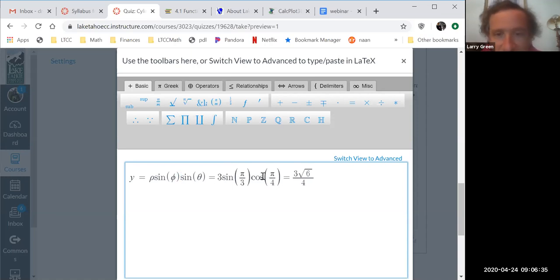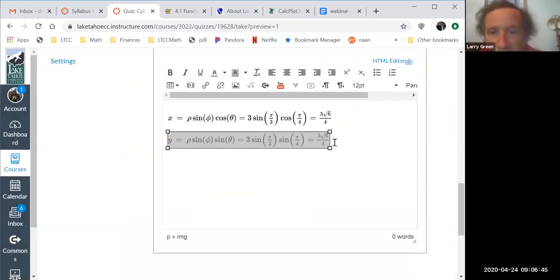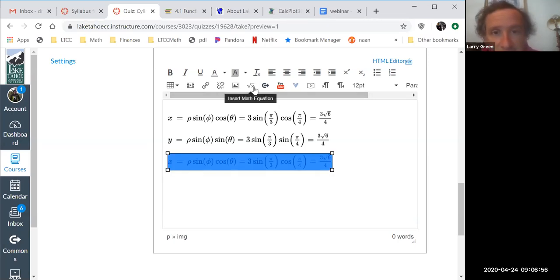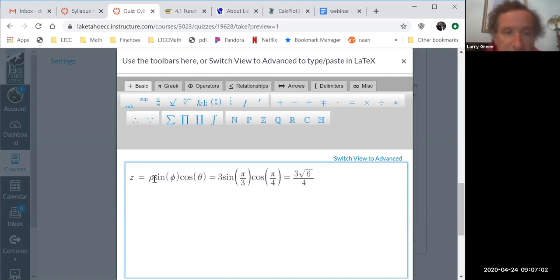But here's the nice thing. Sine of pi over 4, cosine of pi over 4, same thing. So you get the same answer. Any questions on that? Okay, and then finally, let's get z. Let me just copy and paste, and I'll change what I need to change. So for z, we still have a rho.